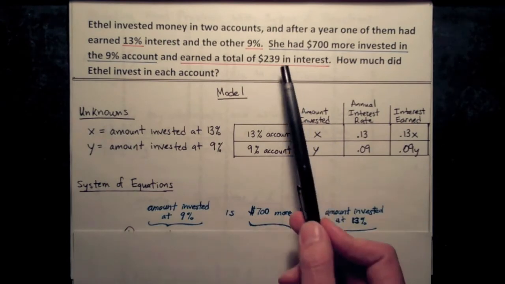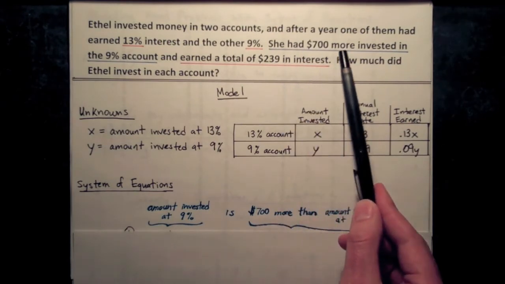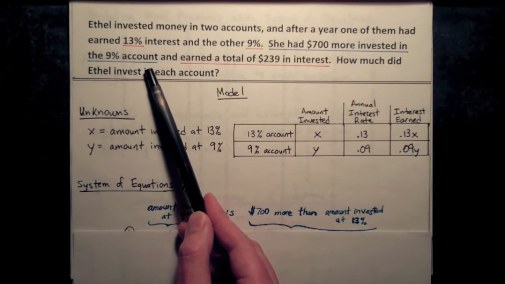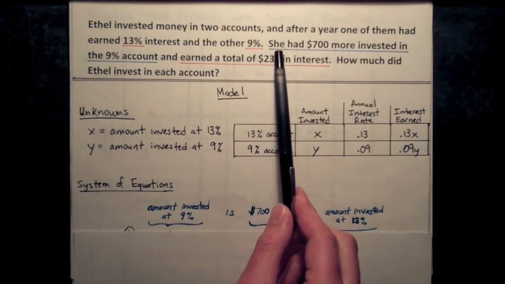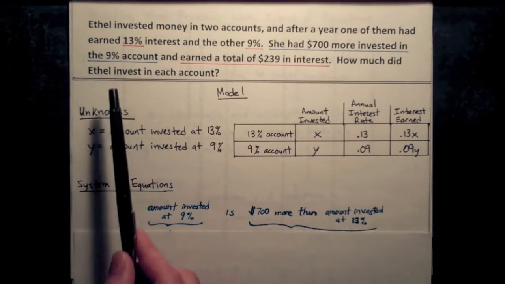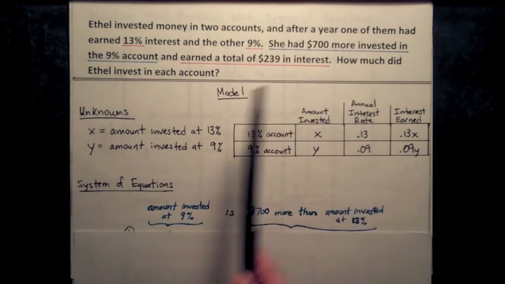Taking the first key statement here, she had $700 more invested in the 9% account. I want to try to write that in a form that's more direct, easier to translate into an equation. What that line is telling us is the amount invested at 9% is $700 more than the amount invested at 13%. If you look at the comparison they're making, the 9% account had $700 more invested in it.